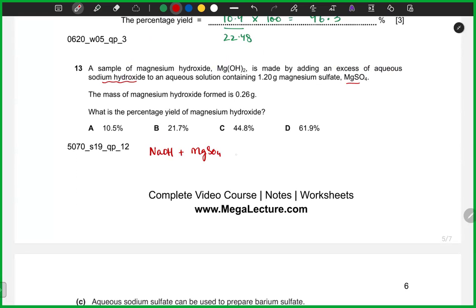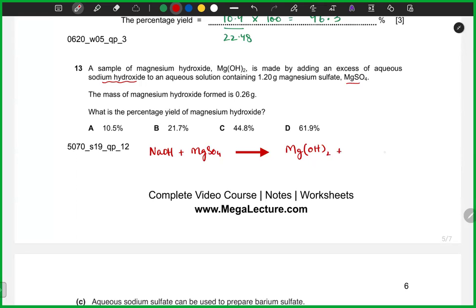So these were mixed, and the product of this reaction was Mg(OH)2. So he got Mg(OH)2.